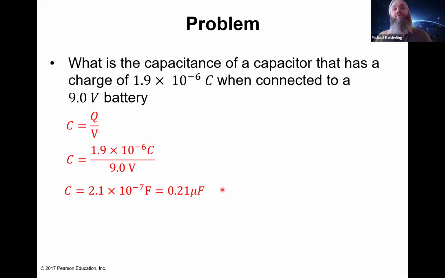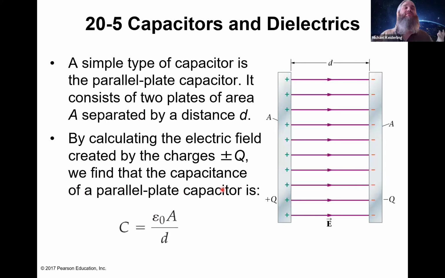Now, when we talk about capacitors, we can look at an ideal capacitor, the simplest type of capacitor, a parallel plate capacitor. It's just two plates parallel to each other with a constant electric field in between them.